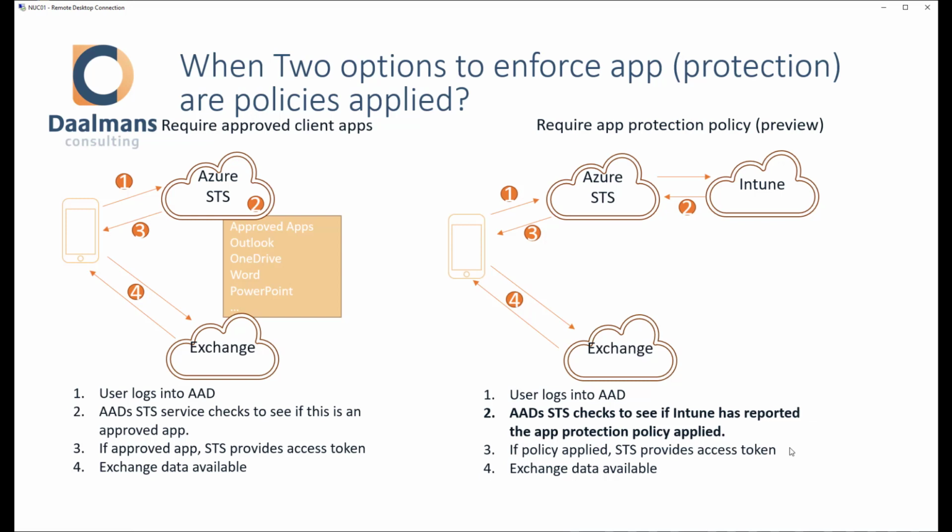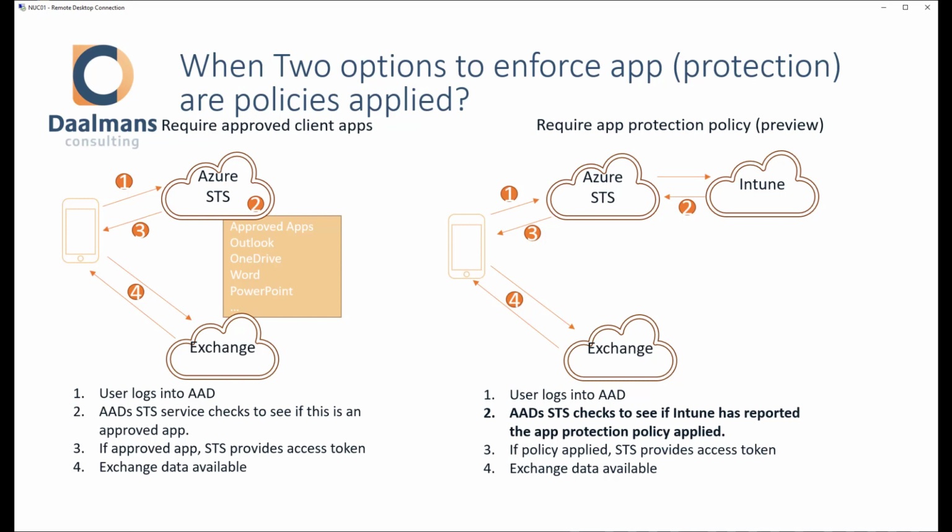That approved client app list is basically a fixed list maintained by Microsoft, with secret keys which are part of the apps being developed and used by Microsoft. If an approved client app is being used, the STS provides an access token, and the user will be able to get their email from Exchange.